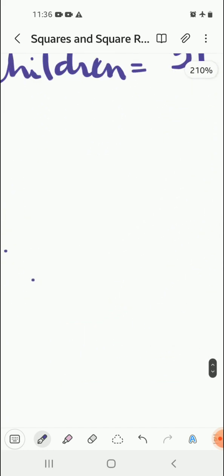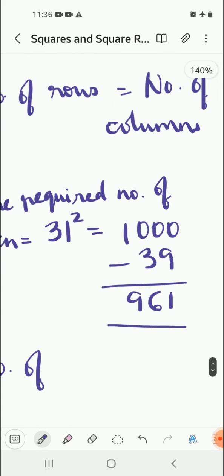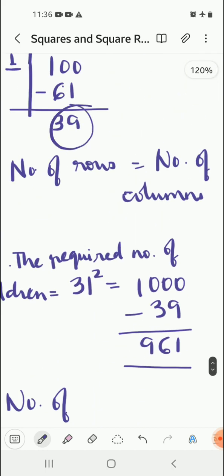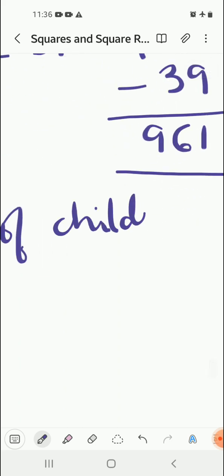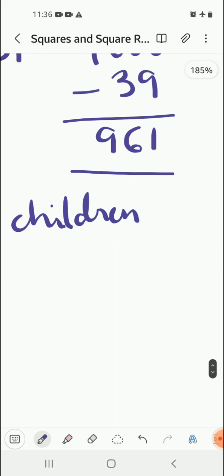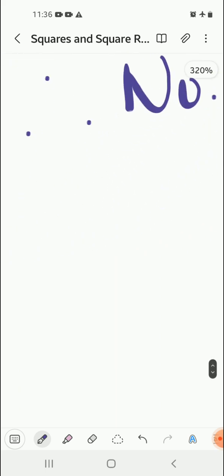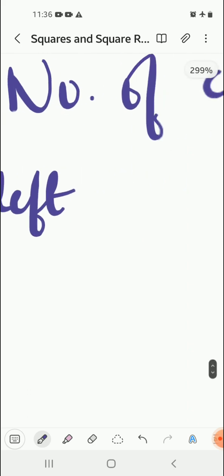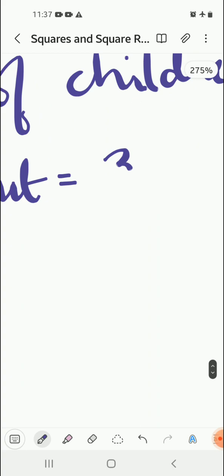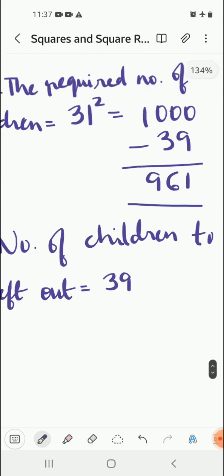And therefore, the number of children to be left out will be 39, the number that we had got as a remainder. So the number of children to be left out is equal to 39.